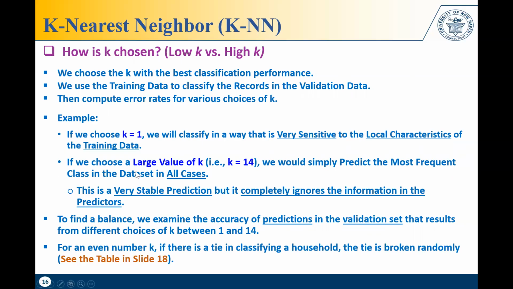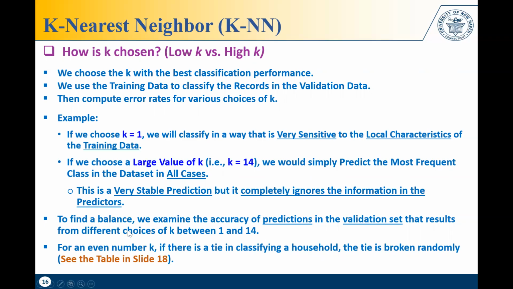And if we choose a large value of K, let's say K equals 14, which is the total number of records that we have in the training data set, we would simply predict the most frequent class in the data set, because we are looking at all the possible classes that we might be able to assign the new records to.